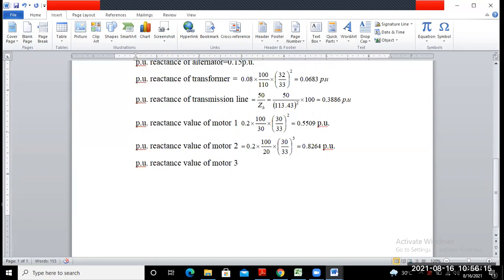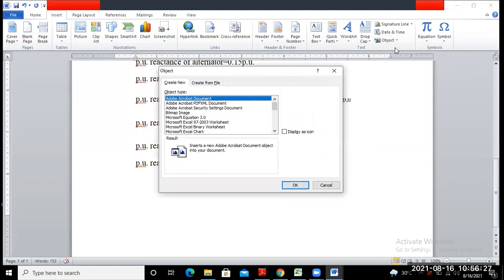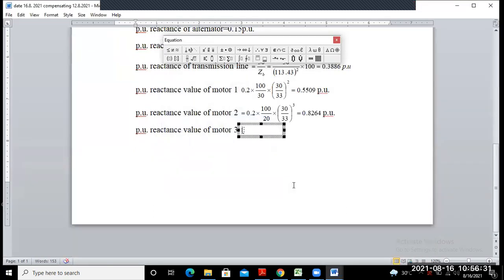The per unit reactance value is again 0.2, but your MVA rating is different for motor 3, so just convert to the base MVA and base kilovolt. This one equals 0.2 per unit old value, that means 0.2 into MVA new by MVA old. So MVA new is your 100.